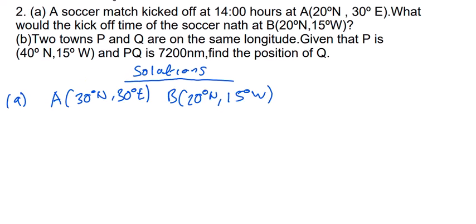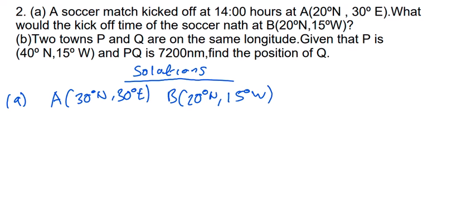All right, we resume. So question 2 says a soccer match kicked off at 14 hours at point A, which is 20 degrees north and 30 degrees east.